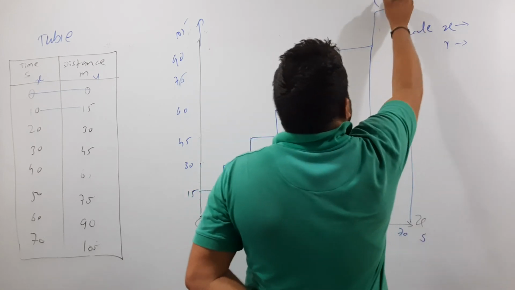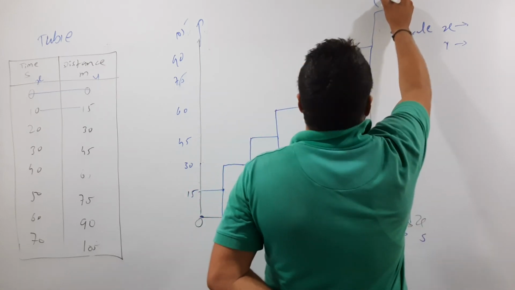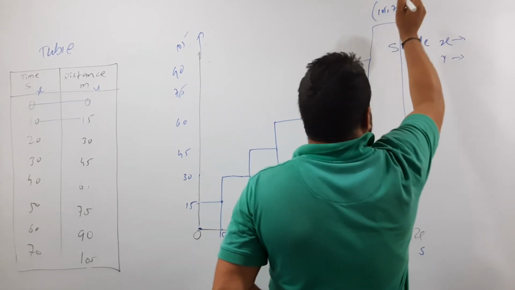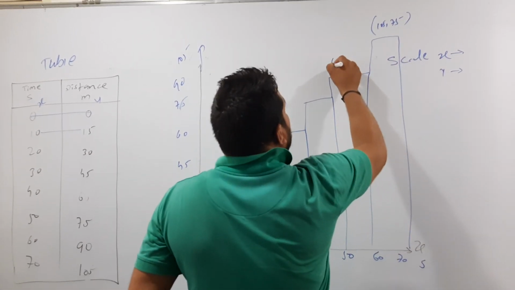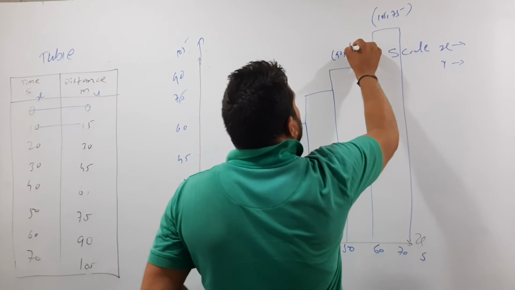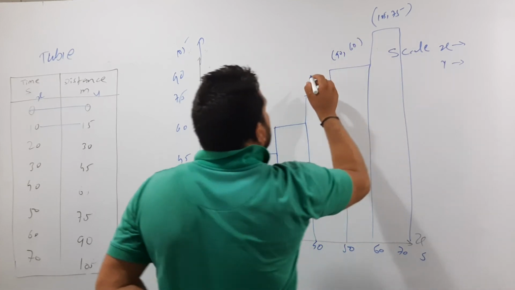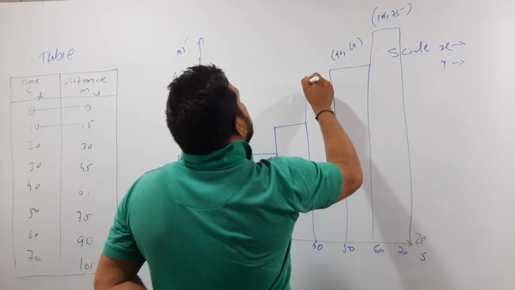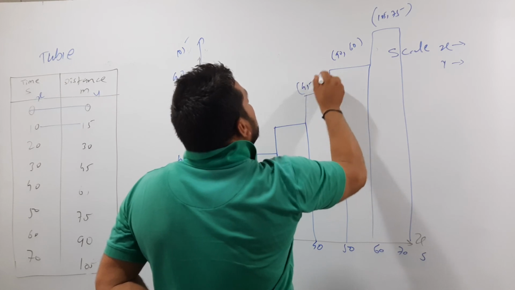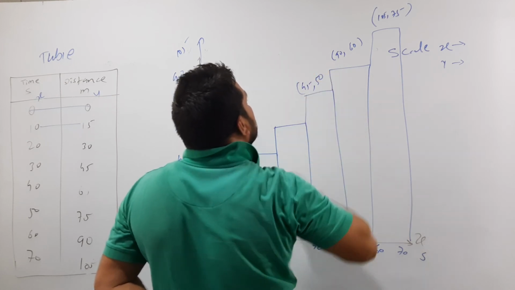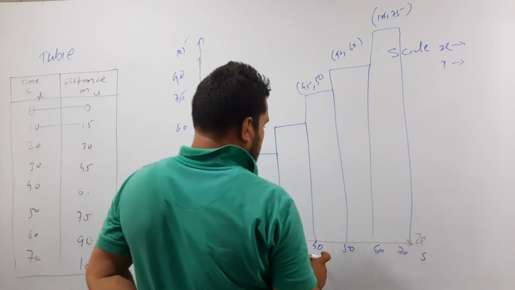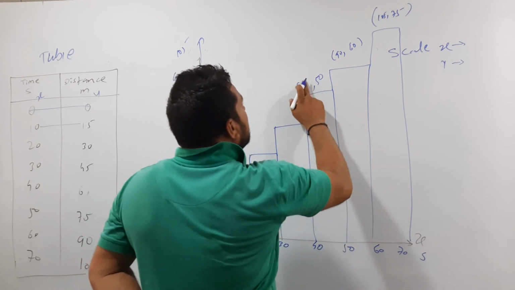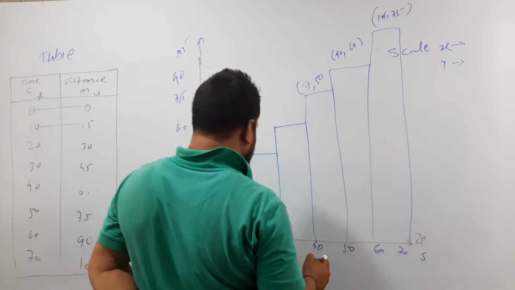So here we can write: this is 105 comma 75. Here this is 90 comma 60, and here is 75 comma 50.